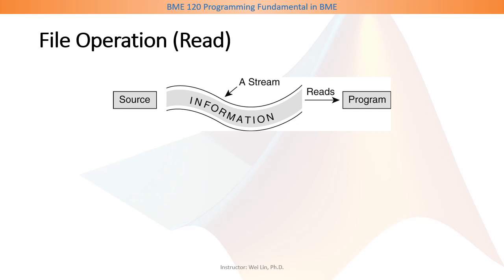Before we start, we need to get to a few terms. The first is called read. What is read? Well, it is to get the data from a data source to the program. In this example, the data is stored in a disk.